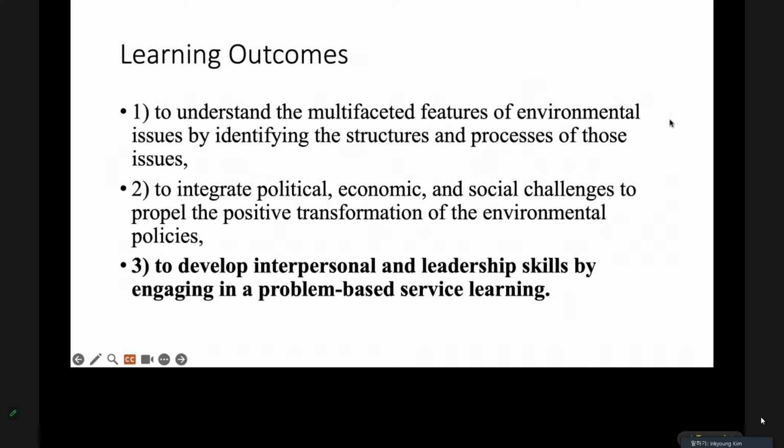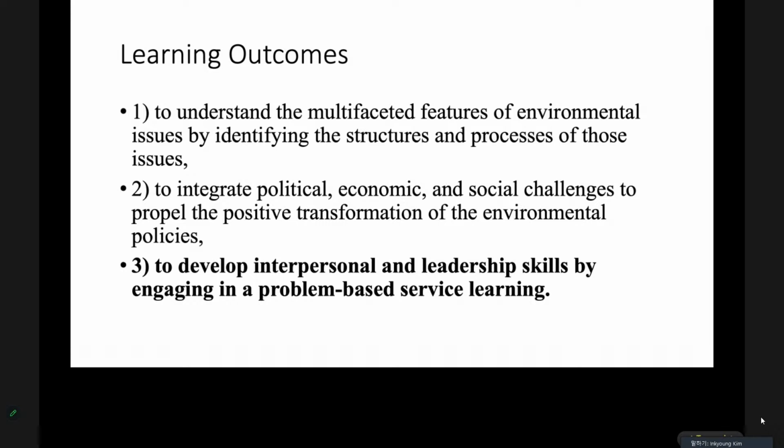We aimed to achieve 3 learning outcomes. The first 2 learning outcomes are very subject-based. The third learning outcome that I initially designed for this course was to develop interpersonal and leadership skills by engaging in problem-based service learning. So it wasn't challenging for me to tweak this problem-based service learning with the Living Lab project.